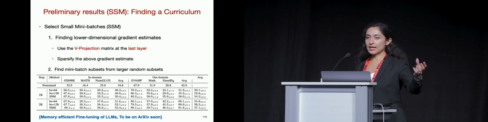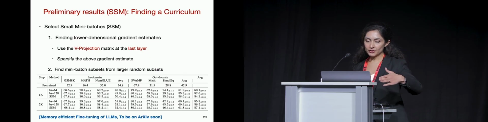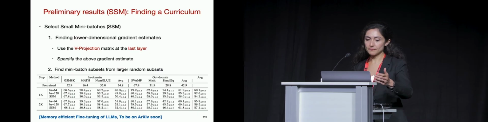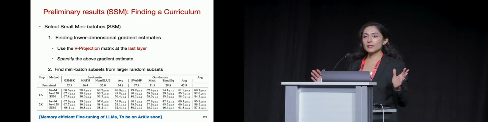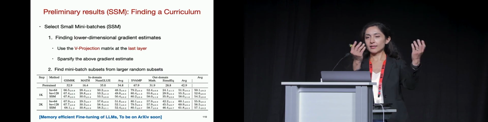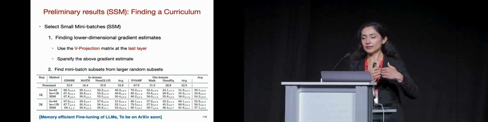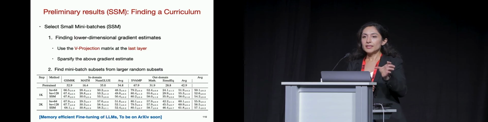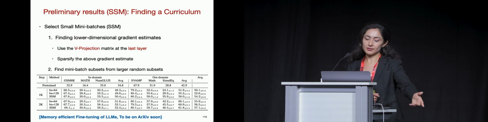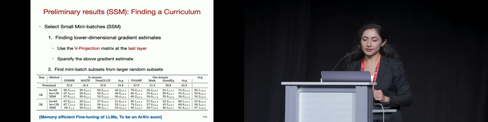Okay, now we can find a subset that matches this much lower dimensional gradient estimates that we find this way. And the algorithm is similar to what I explained in the first part. So we take a random subset, a larger random subset, and we find a smaller mini batch that matches this lower dimensional gradient estimates in the previous slide.